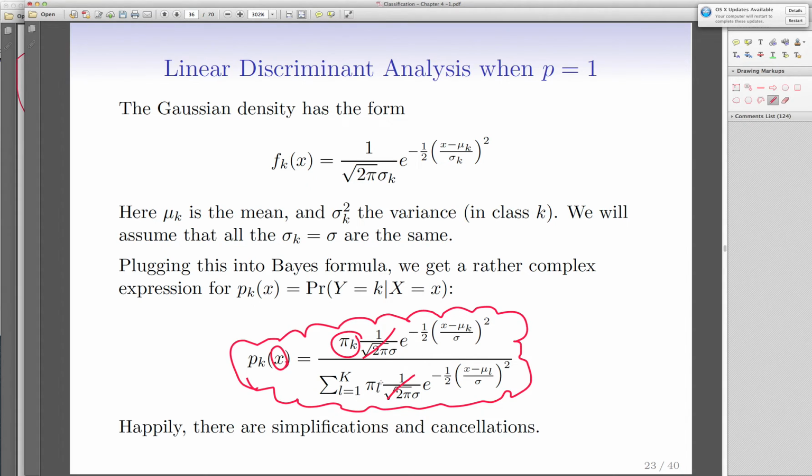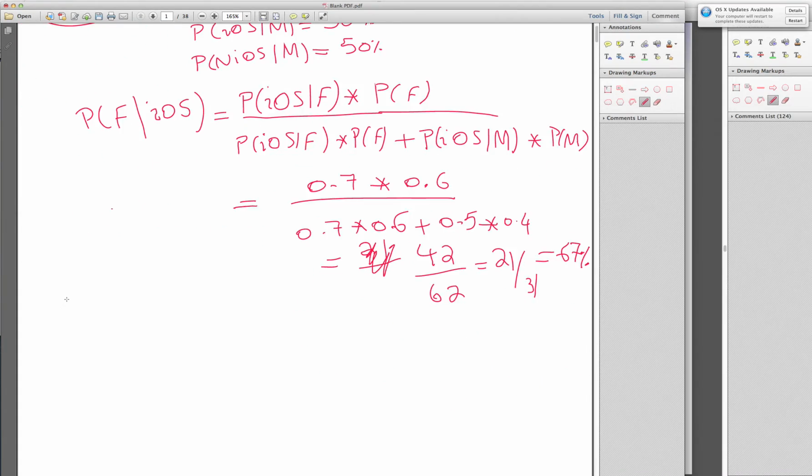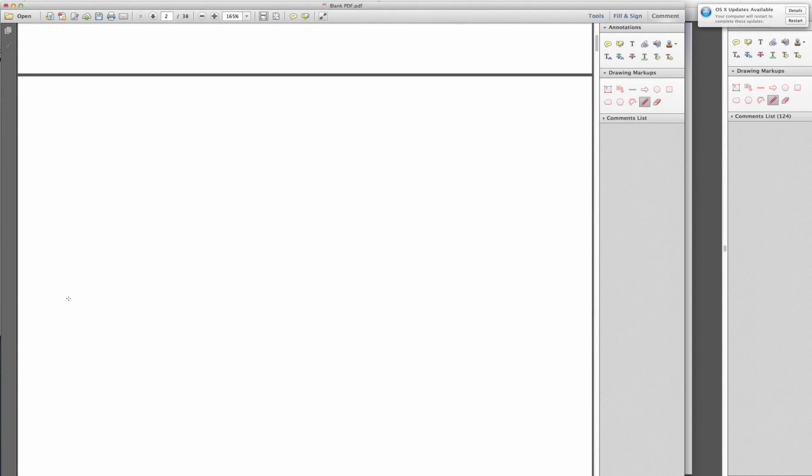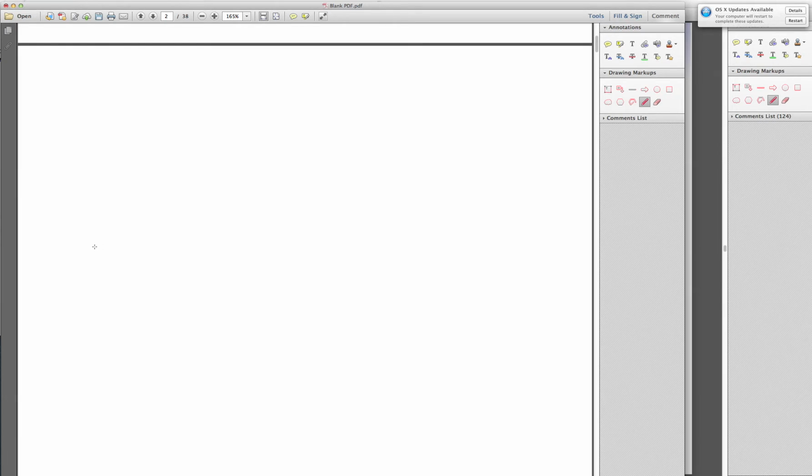So let me use some examples here to start our talk. Let's assume that male height is normally distributed with mean 6 feet and standard deviation 0.5.